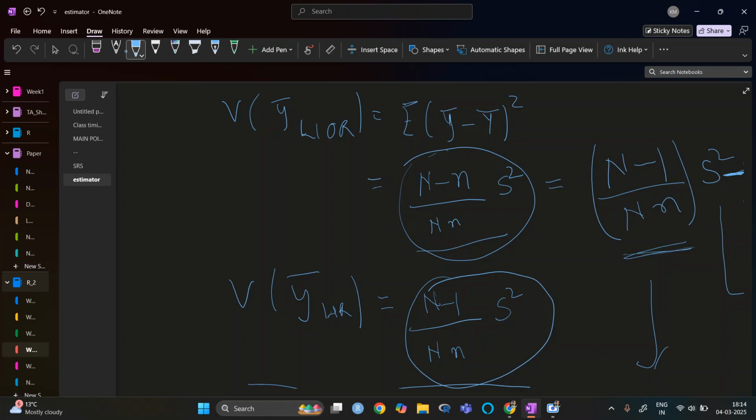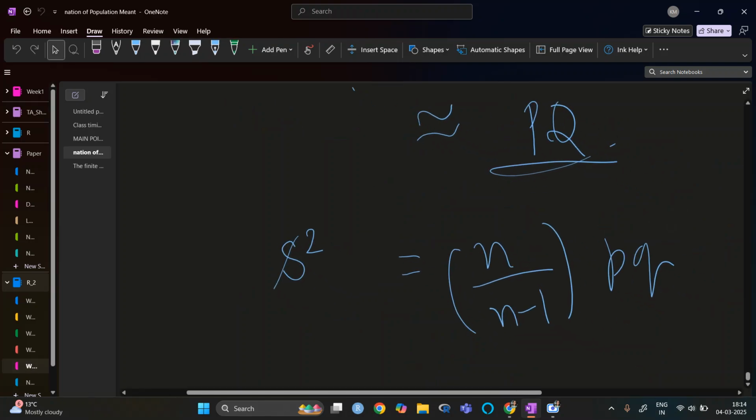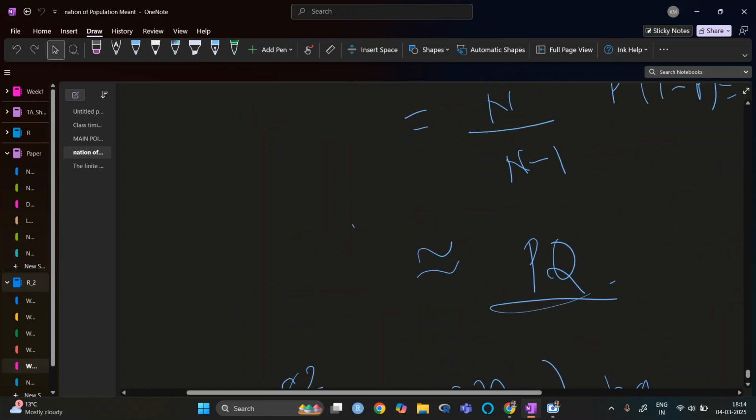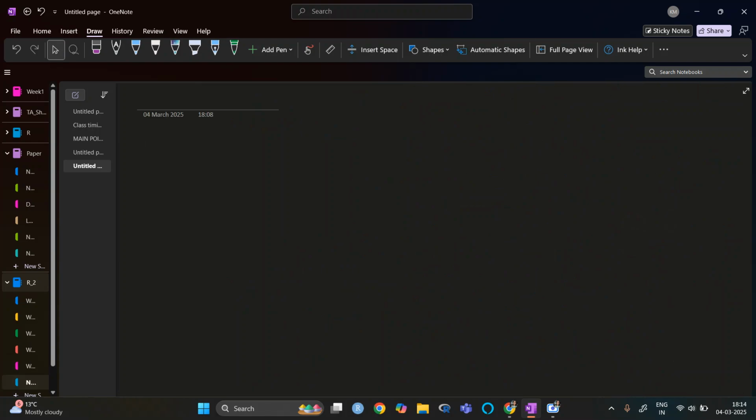So in the case of proportion, what will happen is that s square, which is the variance, will be replaced with pq, because here we have seen that it is almost equal to pq. Similarly, we will take all the basics from the mean part.